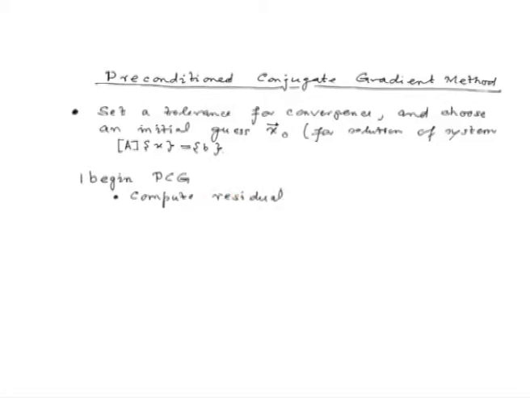What do we mean by residual here? Substitute this initial guess x0 in our system. That will not satisfy it, so let us find the difference. So residual r0 would be defined as our vector b minus matrix A times our initial guess x0.